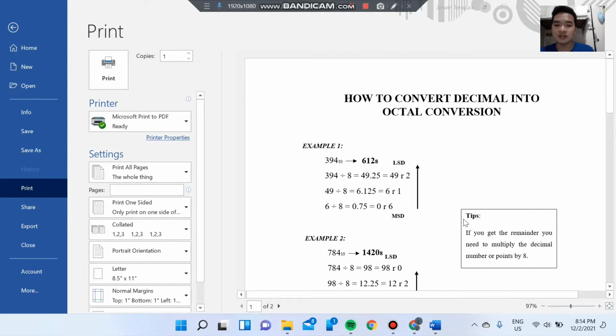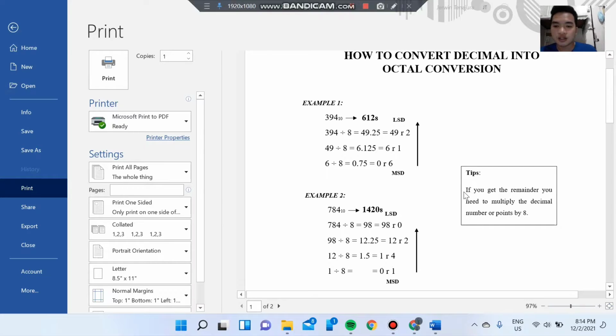So the tip is here: if you get the remainder, you need to multiply the decimal number or points by 8. Why 8? Because 8 is the constant number of octal, which means 8 sides or 8 numbers.